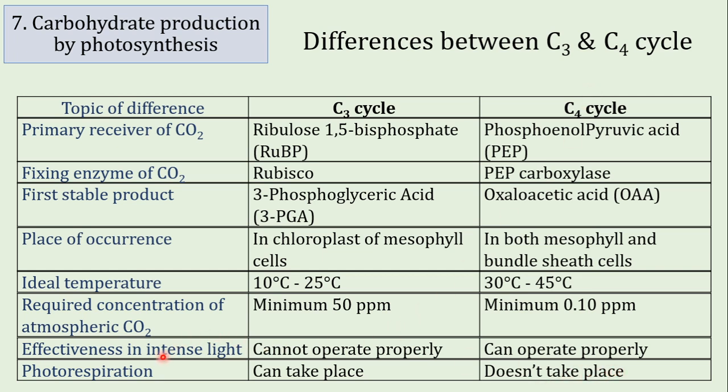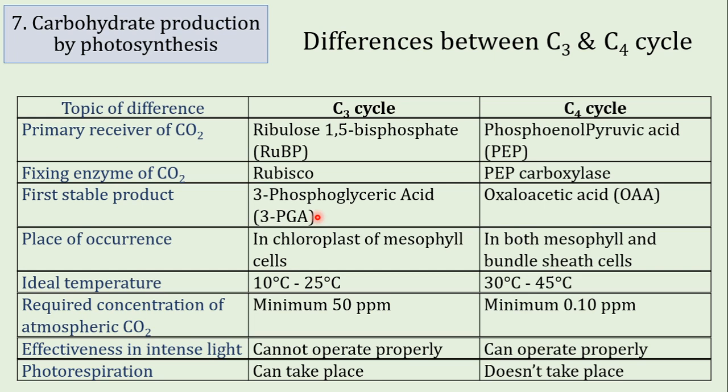So what is photorespiration? Photorespiration is the opposite event of photosynthesis. That means the C3 cycle cannot tolerate intense light and intense temperature. At such situation, the C3 cycle cannot work, the photosynthesis cannot work.